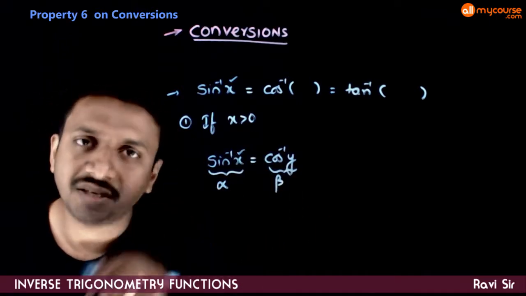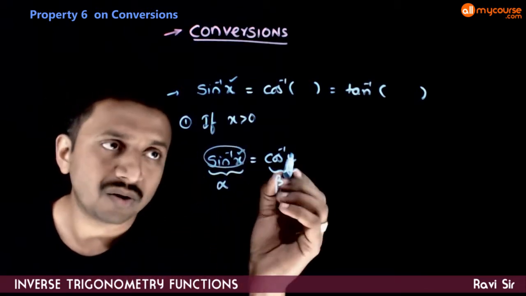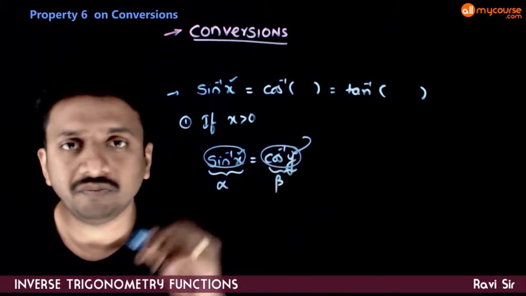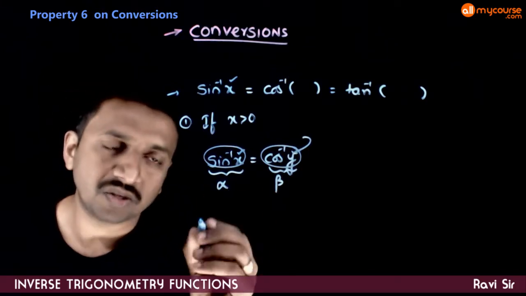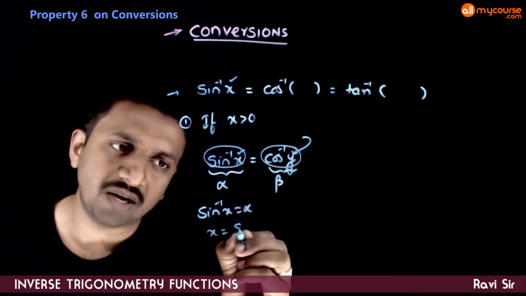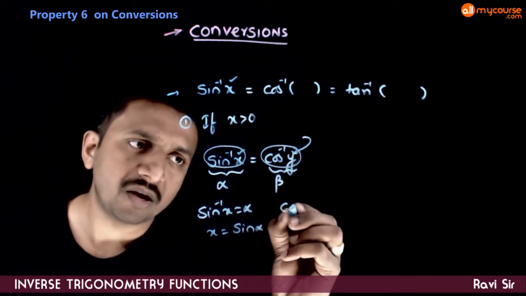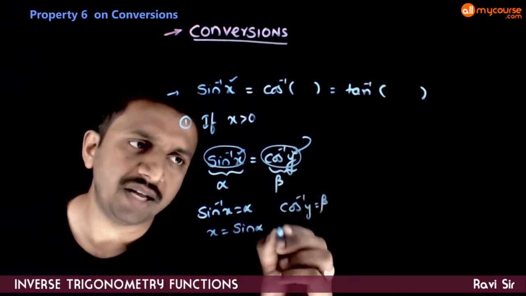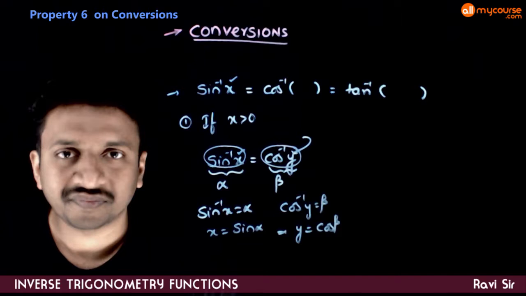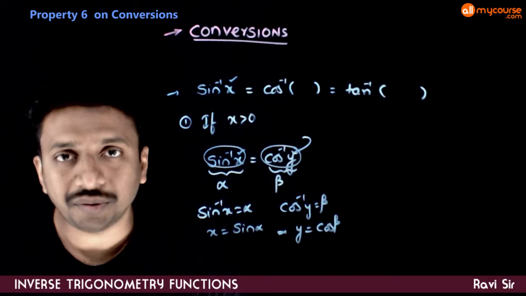Because x is positive, sine inverse x lies in the first quadrant. So cos inverse y also has to lie in the first quadrant. So y has to be also positive. So if sine inverse x is equal to alpha, then x is equal to sine alpha, and cos inverse y is equal to beta implies y is equal to cos beta.